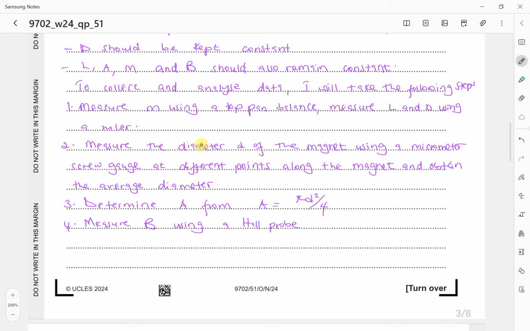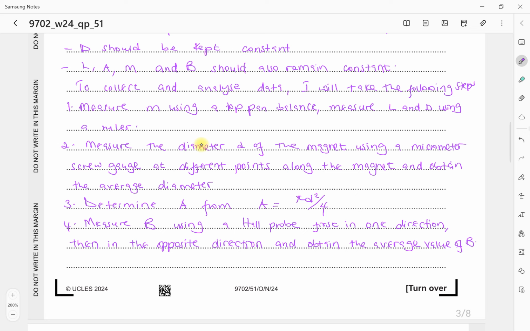Whenever you are using a Hall probe, your teacher must have told you that you first use it in one direction, then you use it in the opposite direction and obtain the average value of B. So measure B using a Hall probe, first in one direction, then in the opposite direction, and obtain the average value of B.